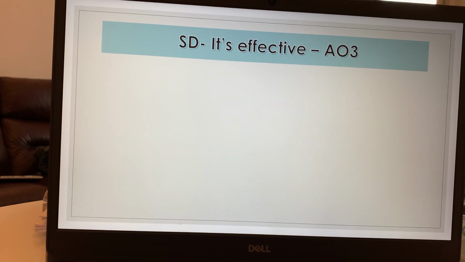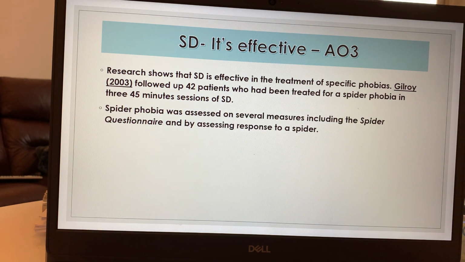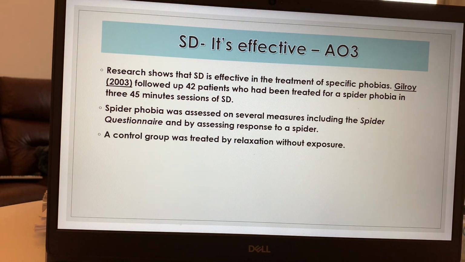So because of the anxiety hierarchy, it is effective. Now, when we look at treatment for specific phobias, so things like spiders, Gilroy looked at 42 patients who had been treated for a spider phobia in 3 45-minute sessions. So only 3 sessions. They were given the spider questionnaire and had to assess their response to a spider after each of the sessions. Had a control group as well that only had the relaxations.